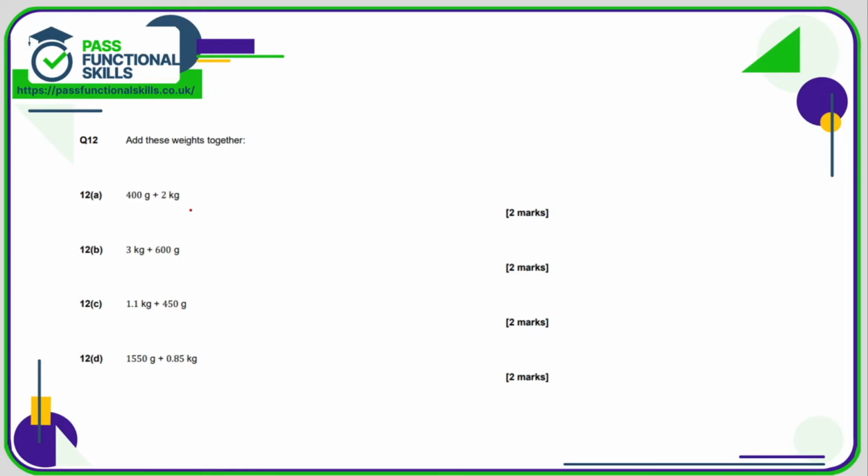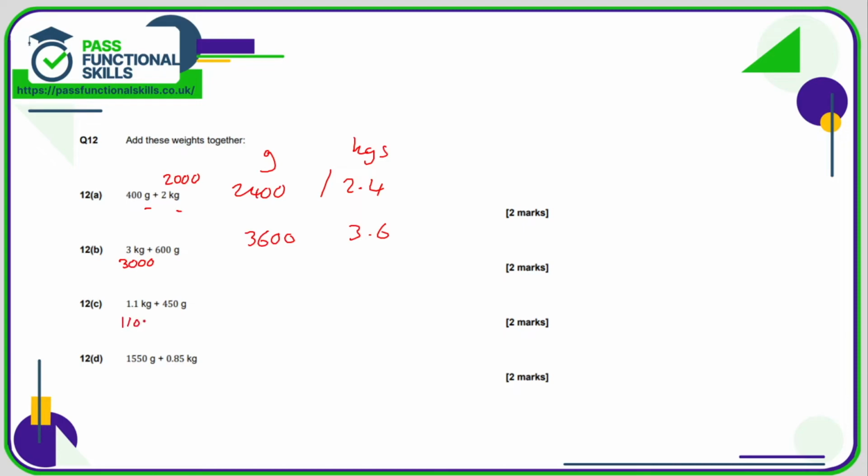Question 12, we're just doing some simple adding, but the problem is we've got a discrepancy with the units, so convert one of them into kilos or one of them into grams. 2 kilos is 2,000 grams, so in total that's 2,400 grams or 2.4 kilos. This is 3,000 grams, so this is 3,600 or 3.6.